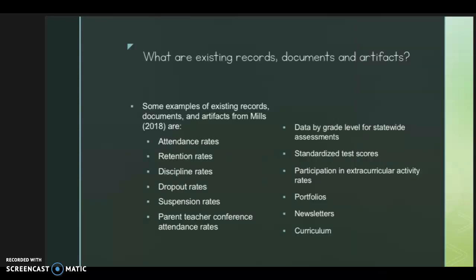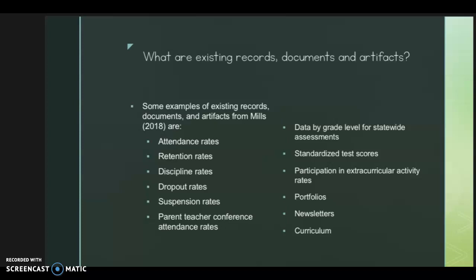So the first thing I want to go over before moving forward is so that we can have an understanding of exactly what is considered an existing record, document, and artifact, and what are some examples of those things. So in our textbook, as well as in our other readings, existing records are typically the information the school already records and keeps on file.